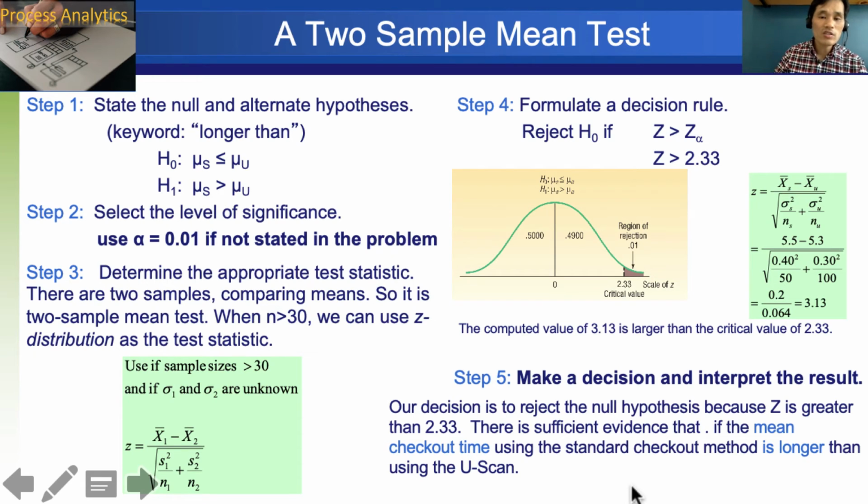So the decision is reject the null hypothesis because z is greater than 2.33. There is sufficient evidence that the mean checkout time using the standard checkout method is longer than using the U-Scan system. That's how you are going to solve the two sample mean test.